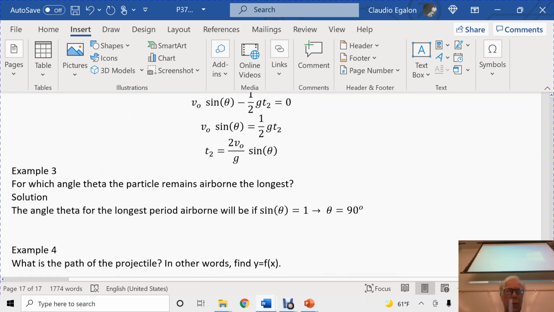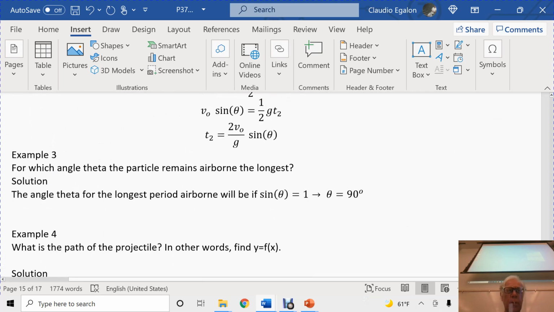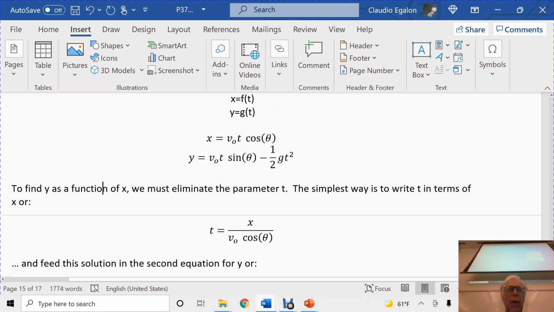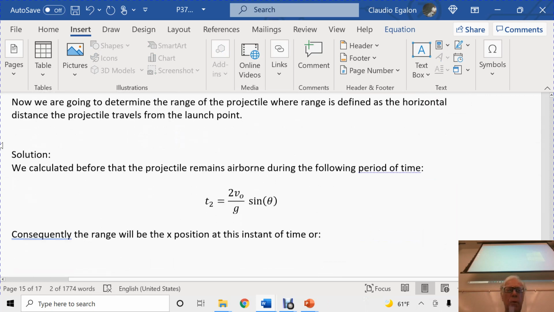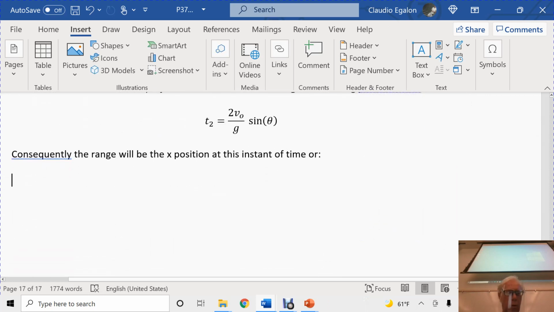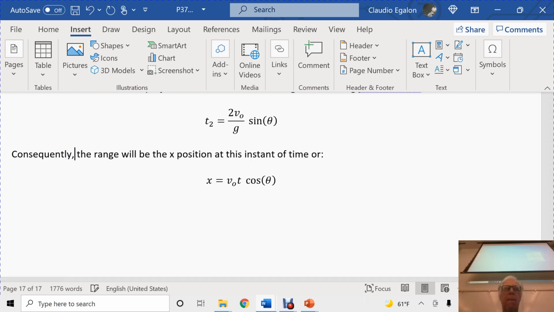Oh, here you go. That's the one. You should have it memorized: v naught t cosine of theta. The projectile starts from the origin. Here you go.